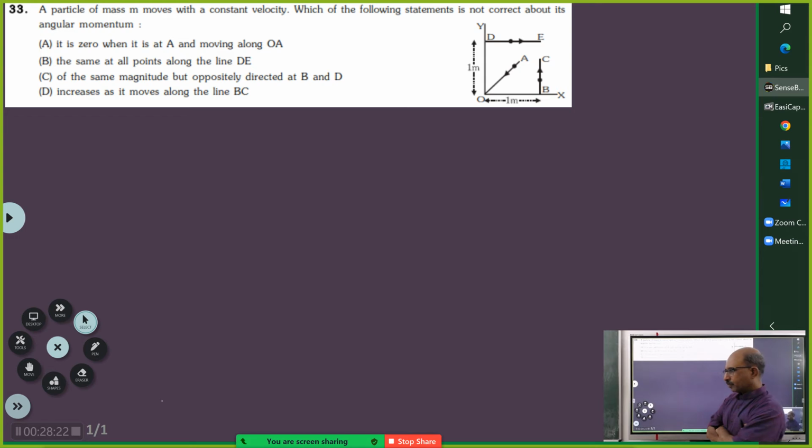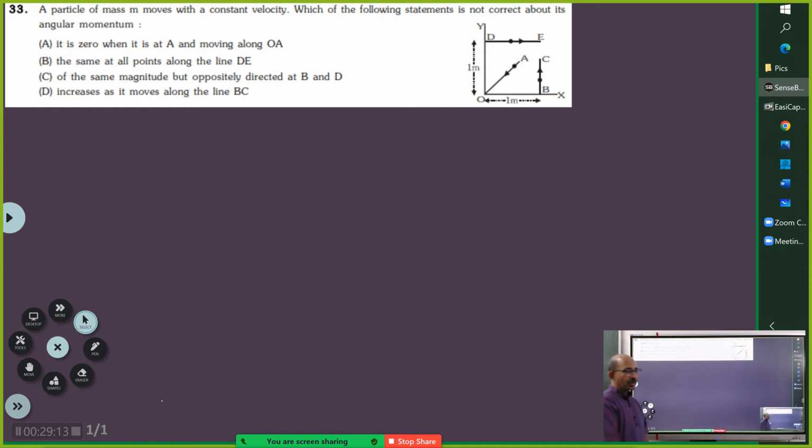It's again a fundamental question. This is testing your conceptual clarity on the concept of angular momentum.